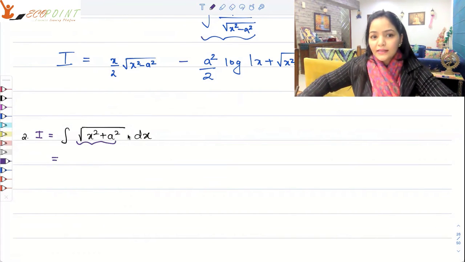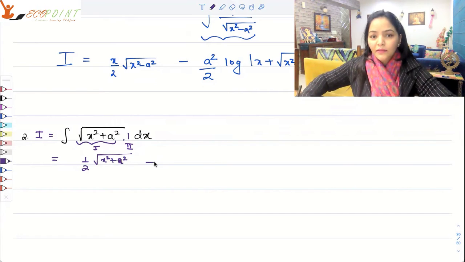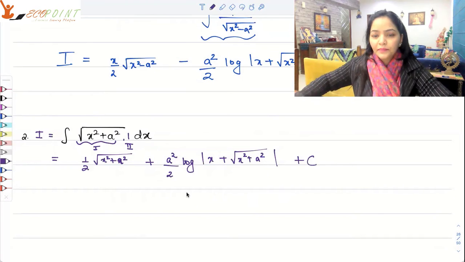You will take this as first and 1 as second, and you will be able to figure out that ultimately your I will turn out to be half of under root of a square plus x square plus, this time you'll have a plus instead of minus, plus a square upon 2 log mod x plus square root of x square plus a square plus c.